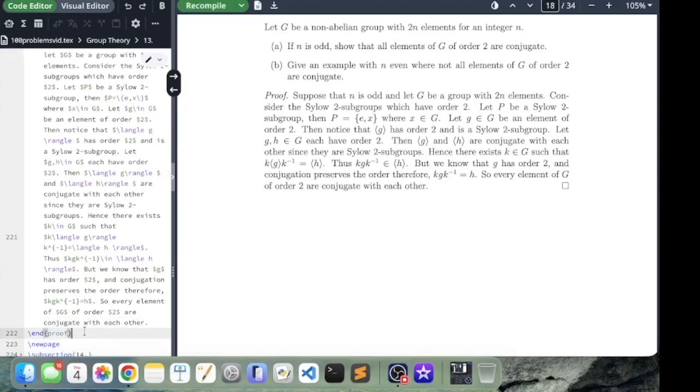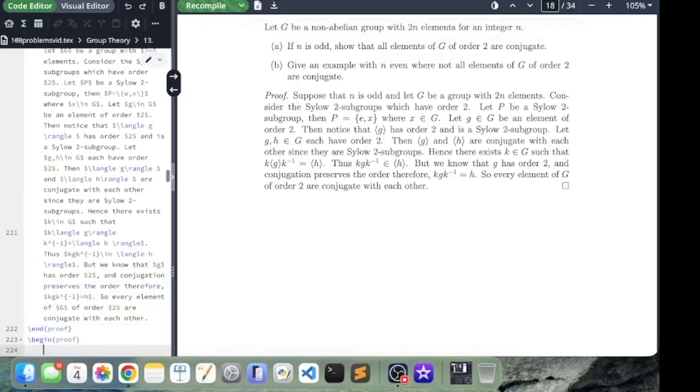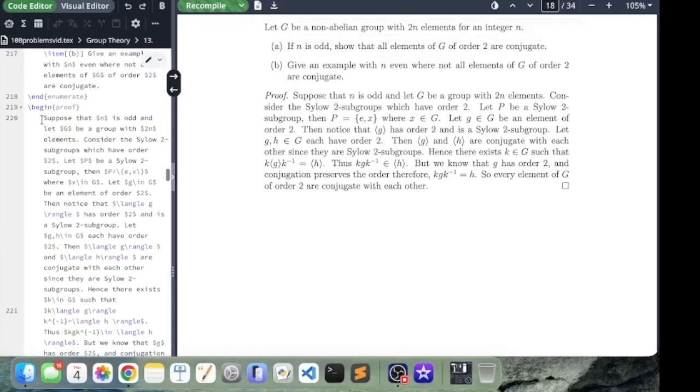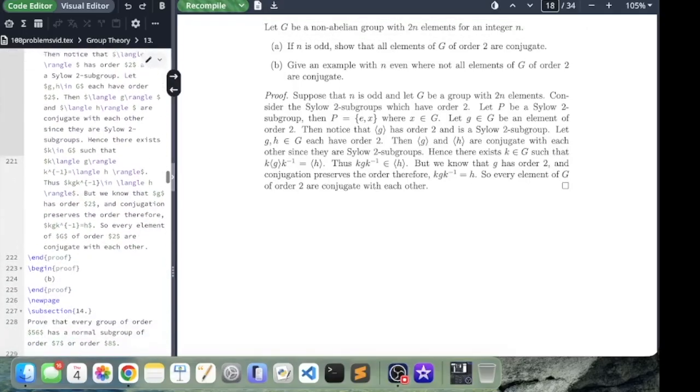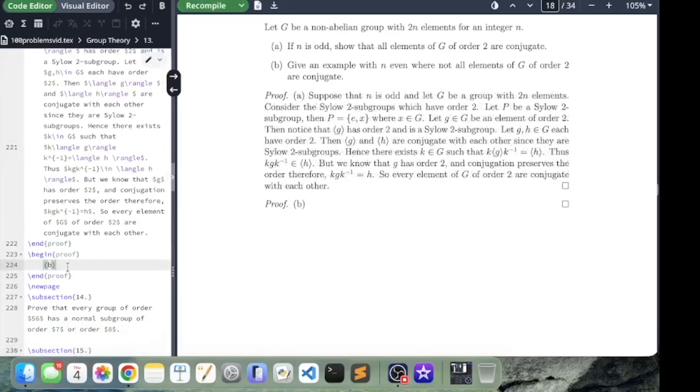Now we'll do part B. Part B says, give an example with n even where not all elements of G of order 2 are conjugate. Okay.